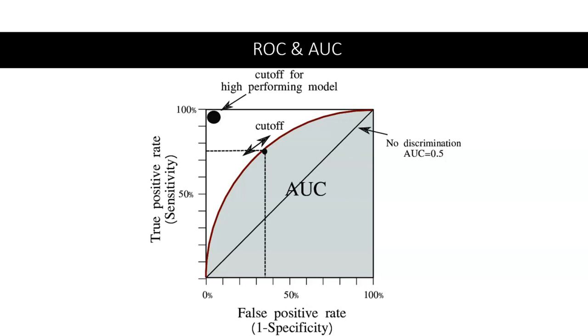AUC tells us how much the model is capable of distinguishing between classes. For example, the higher the AUC, the better the model is at predicting 0 class as 0 and 1 class as 1.